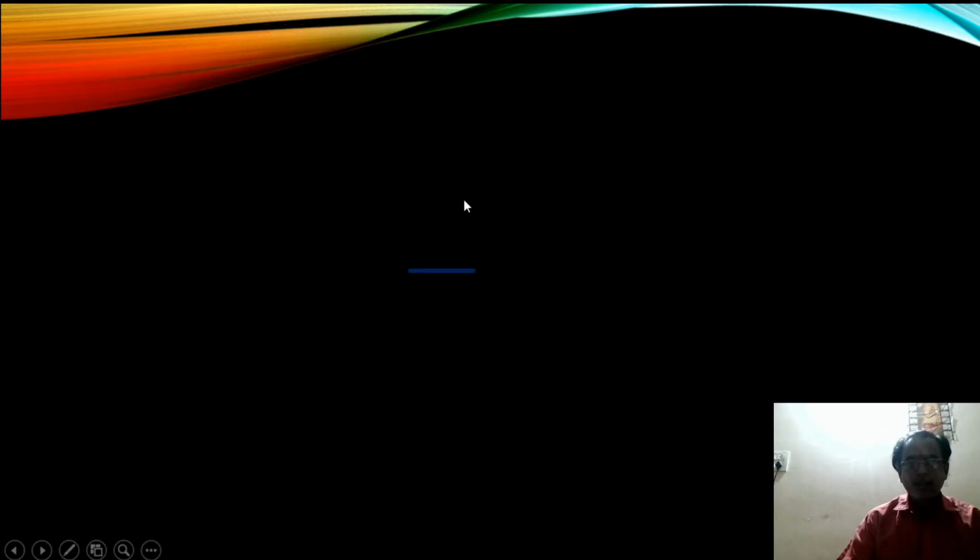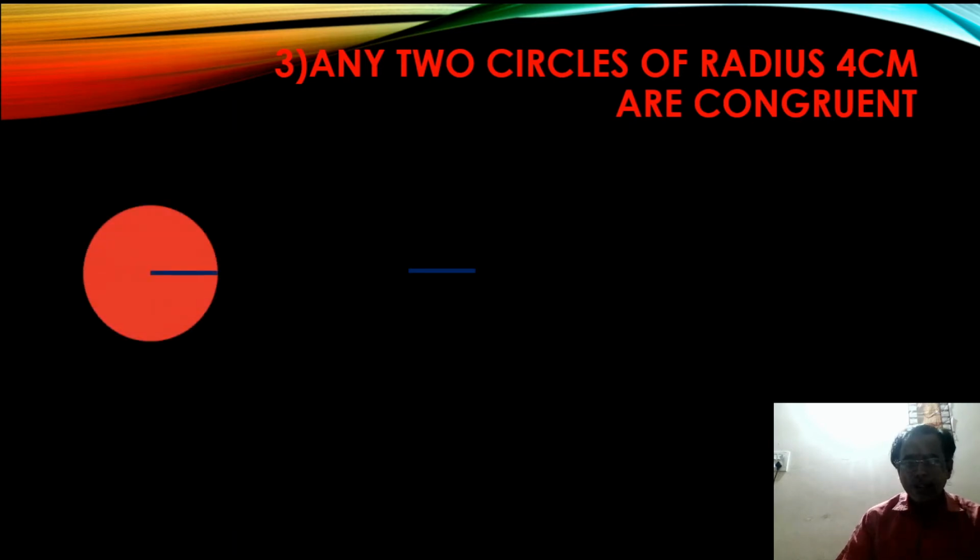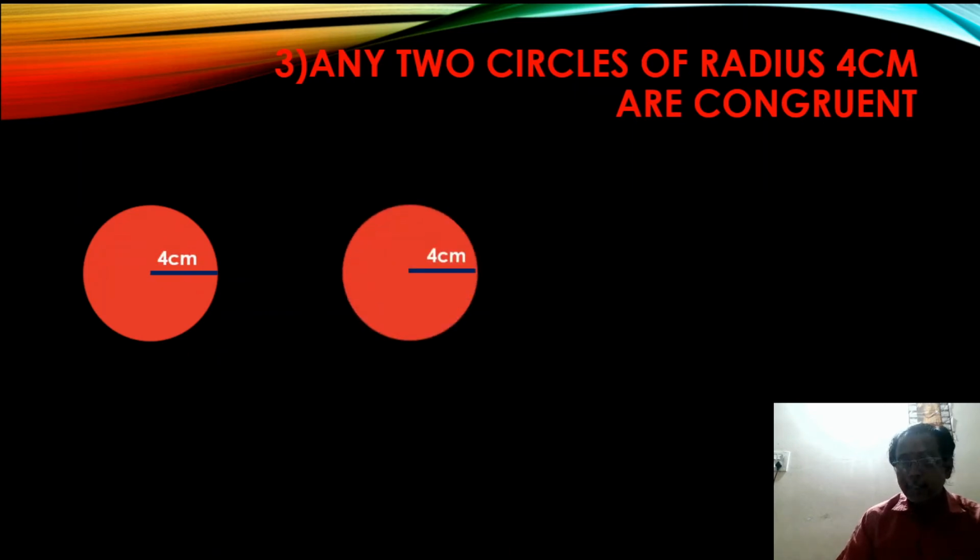Okay, next. Any two circles of radius 4 cm are congruent. So here, the first circle has radius 4 cm, the second circle is also 4 cm. Can you say these two are congruent?